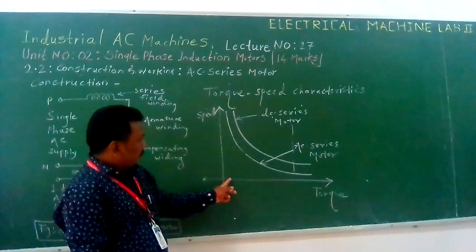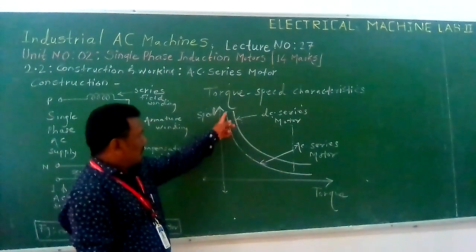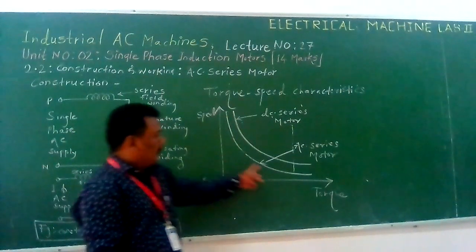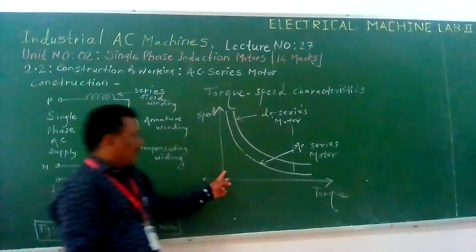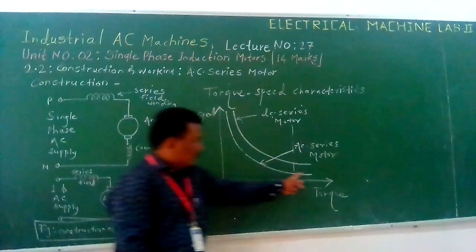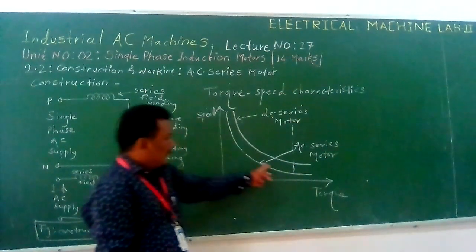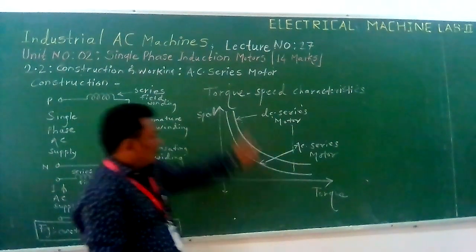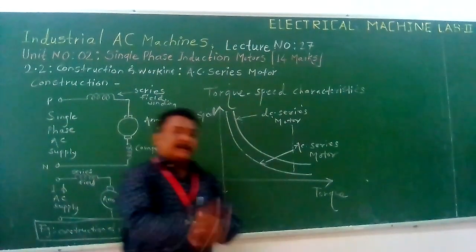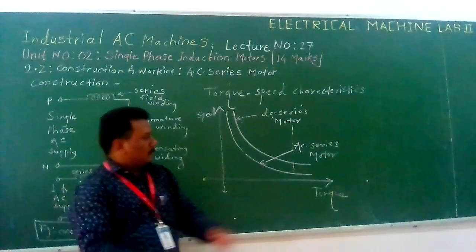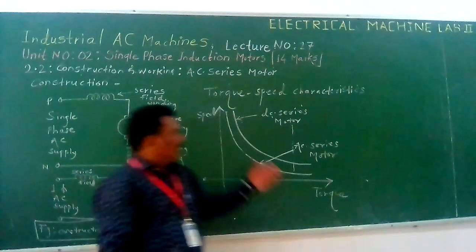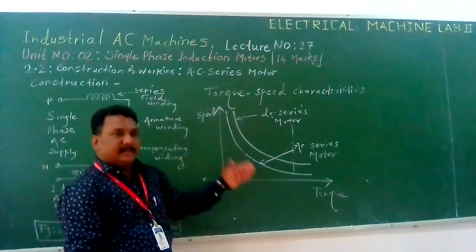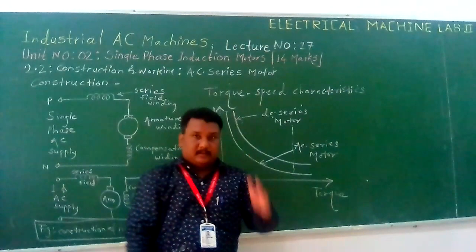As torque increases, the speed decreases. In starting, speed is less, then torque increases. So from starting to running, the torque varies in a hyperbolic manner. So this is the torque speed characteristics of an AC series motor.